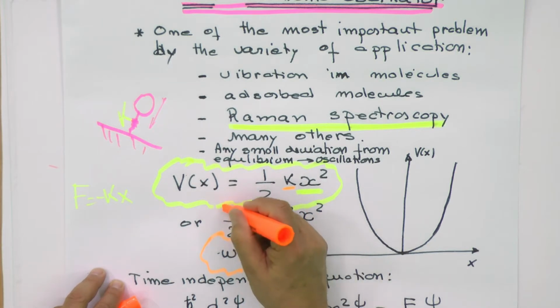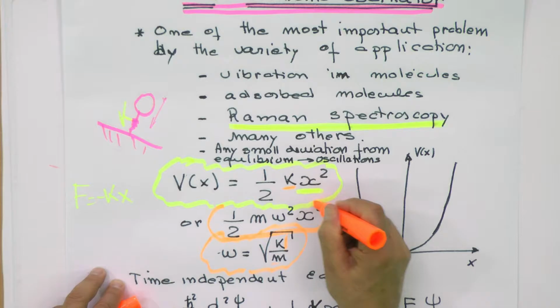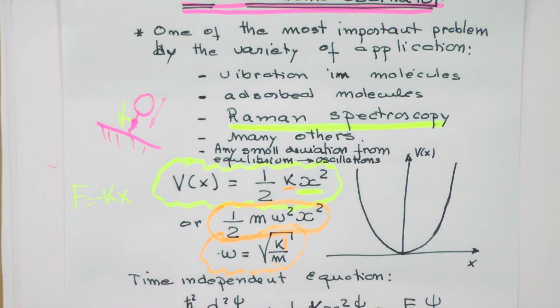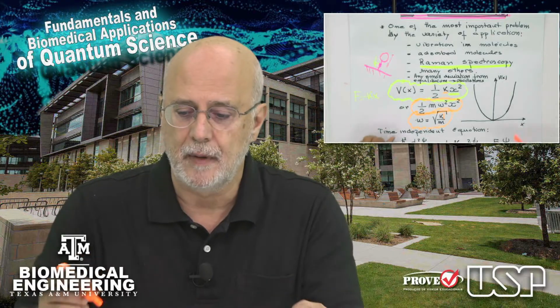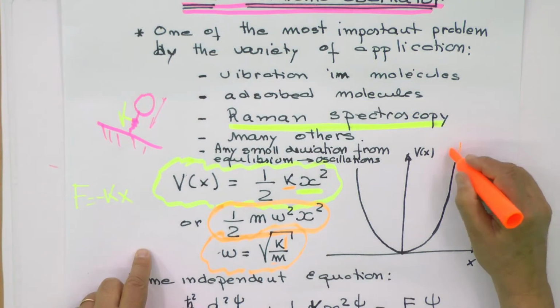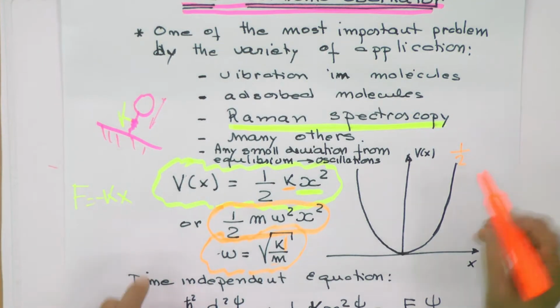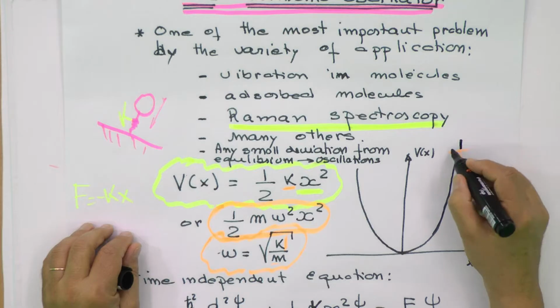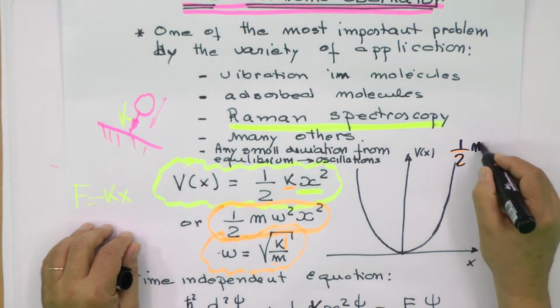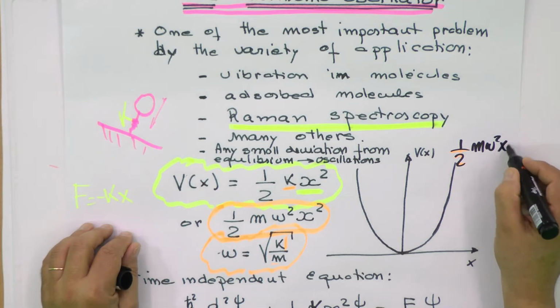So the potential in most places is expressed in terms of the frequency of the oscillator. So the potential is like half m omega squared x squared.